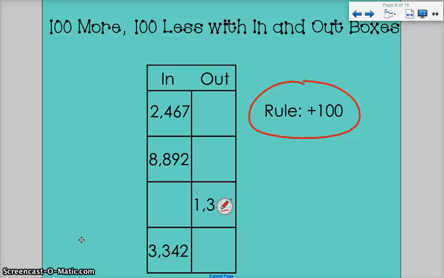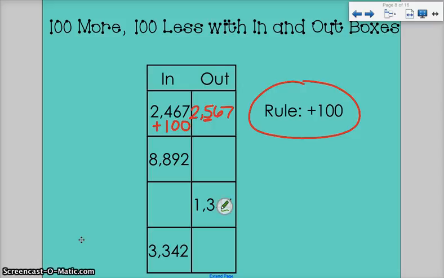So if we started with 2,467 and we add 100 to it, what is going to come out? The hundreds is the only place that changed, so we have 2,567.